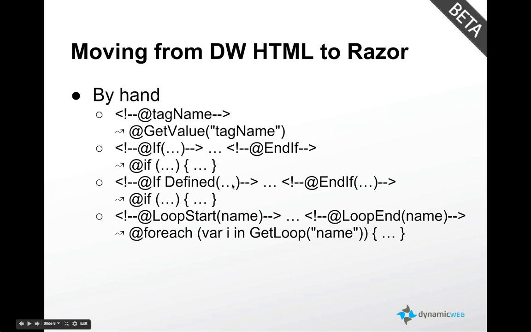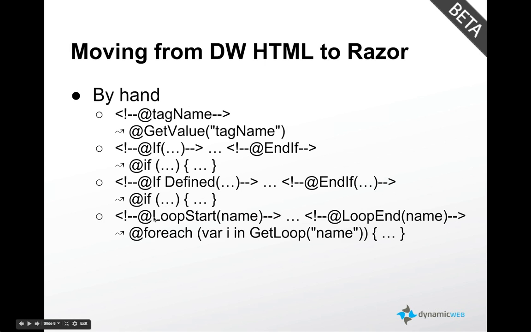Similarly, IfDefined is just a regular if expression, where of course you have to check that the value inside is a Boolean value in some sense. In a short while, I will show you the Convert to Razor button, and it handles this automatically for you.